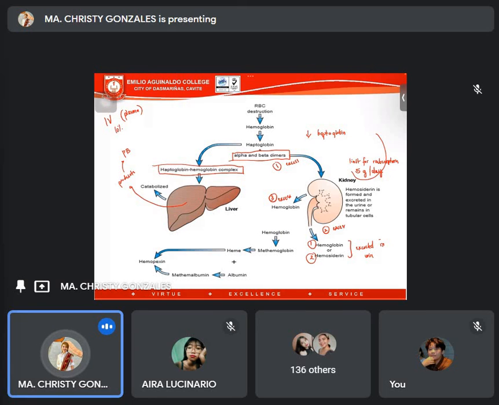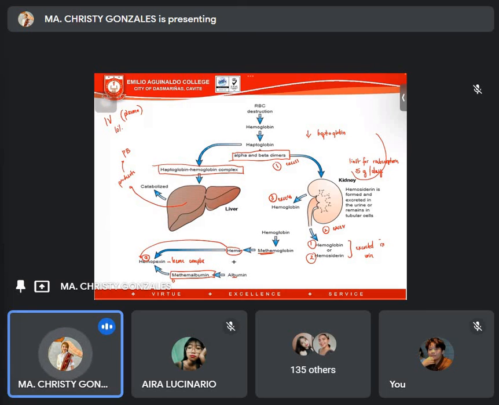That hemoglobin will be converted to methemoglobin. Now, the heme, A, it will bind with hemopexin, forming the hemopexin-heme complex. Or B, it will bind with albumin, forming methemalbumin.